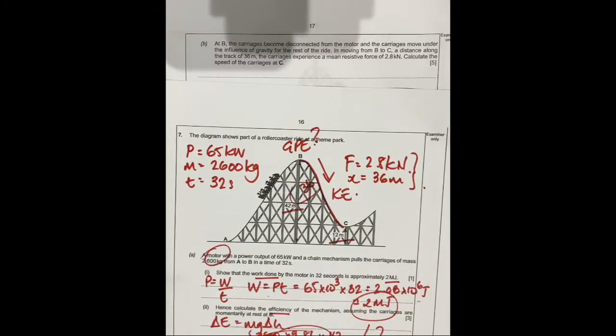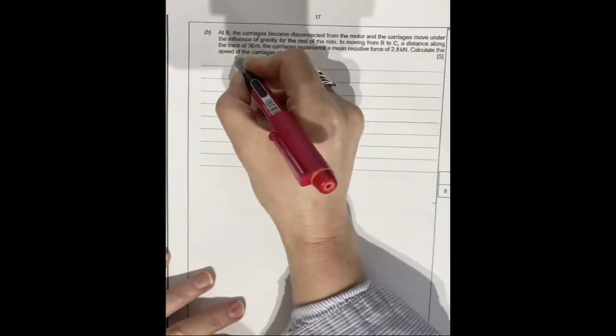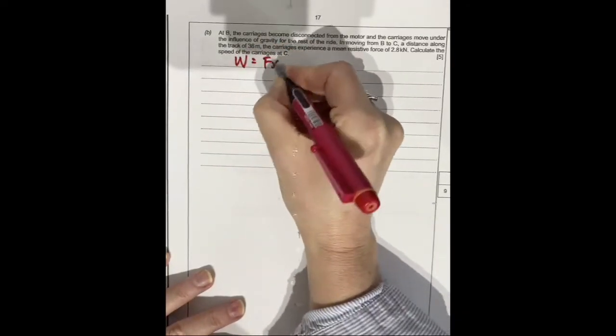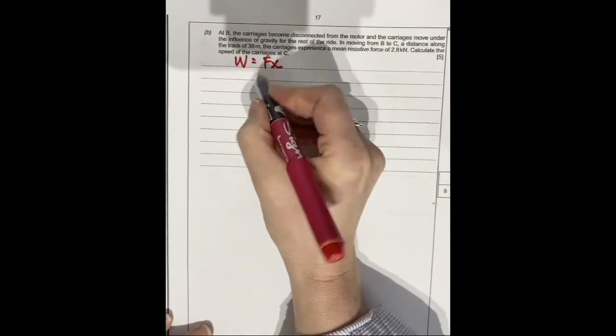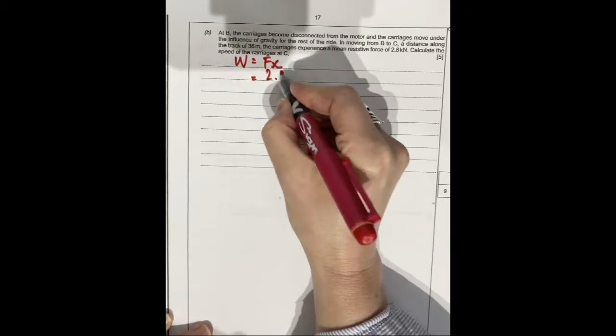We could now work out the work done to overcome all those resistive forces. Okay. So work done against friction, against resistive forces, W equals F times X. The force, it tells me, is 2.8 kilonewtons.